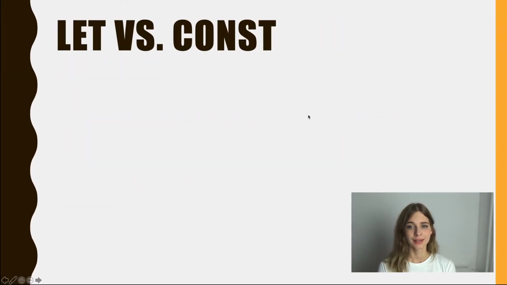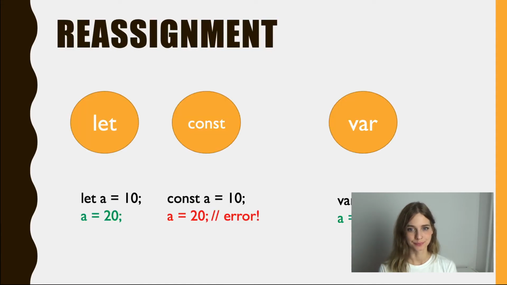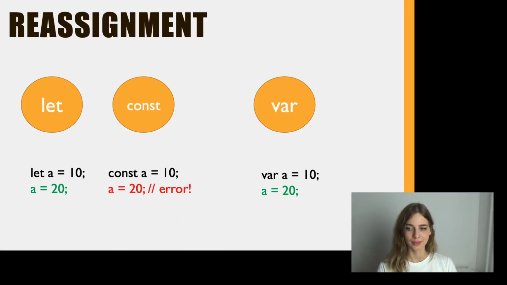So let versus const. Reassignment. As I mentioned before, const is sort of a constant variable. So it's a variable, but it's pretty constant. So we cannot declare our const a, give it a value of 10, and then change our mind and decide that I actually want to give it a value of 20.